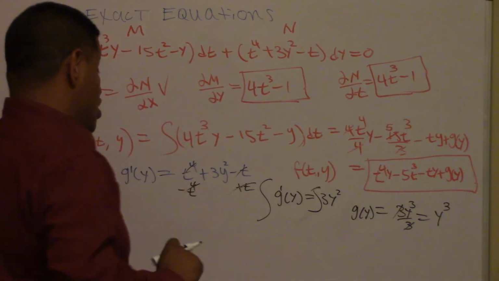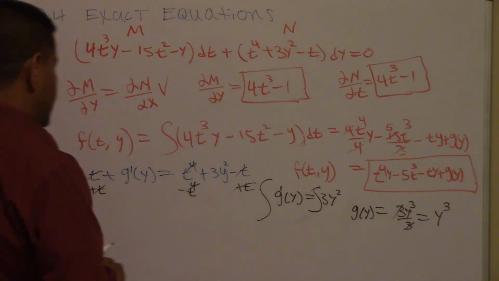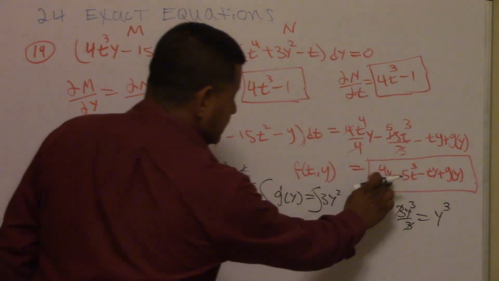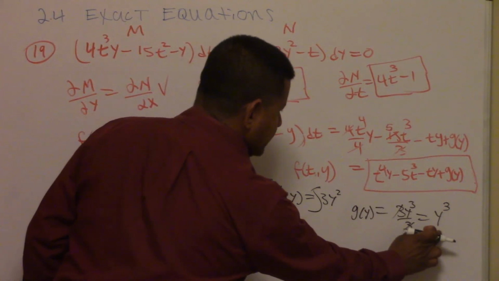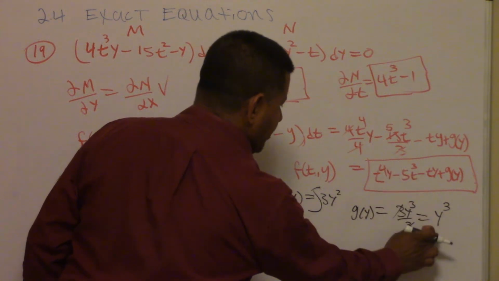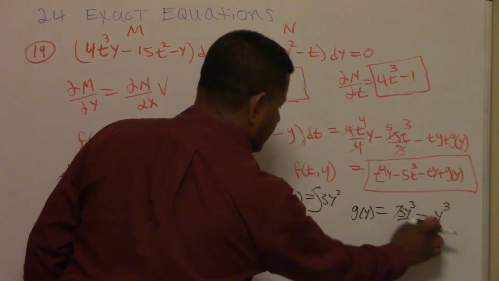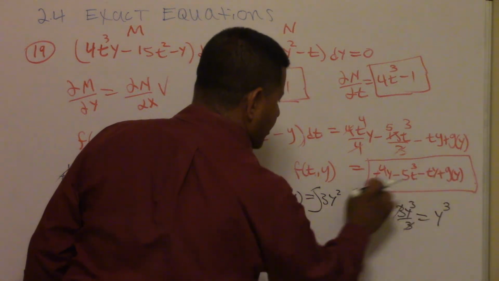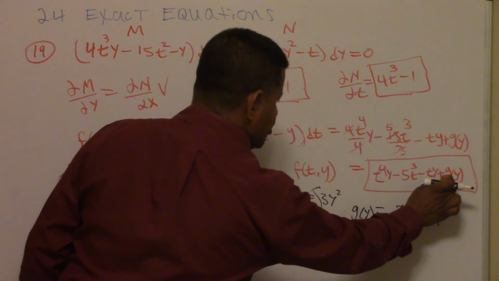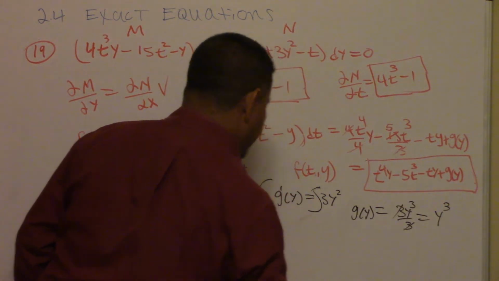So the final answer is going to be this plus this. This is g of y, so I am going to substitute that g of y right there.